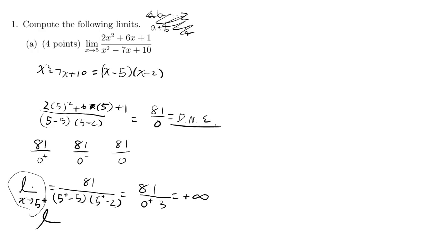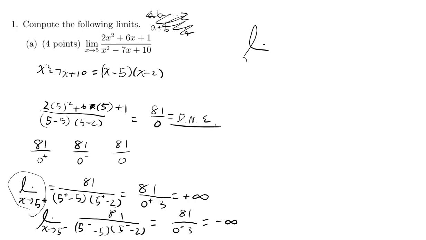On the other hand, if you take the limit as x goes to 5 minus, (5 minus minus 5)(5 minus minus 2) over 81, this is going to give you 0 minus times 3 and then 81. So that's going to give you negative infinity. Now, since the limit as x goes to 5 means two things, the limit as x goes to 5 minus and also the limit as x goes to 5 plus.